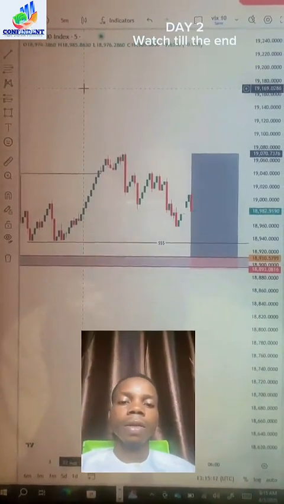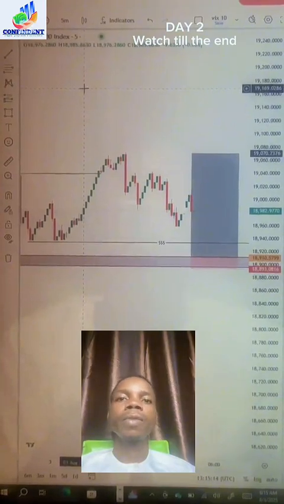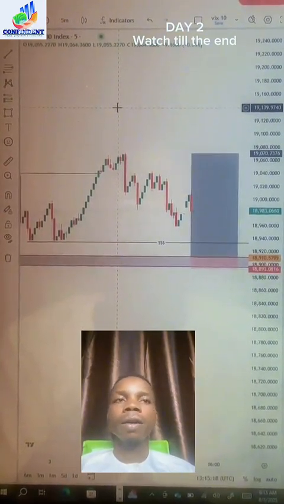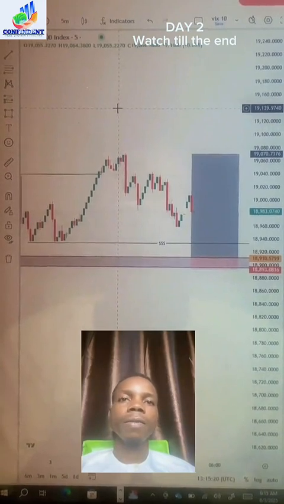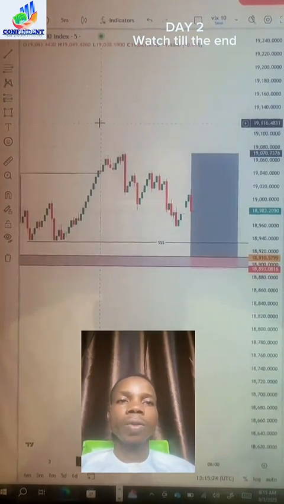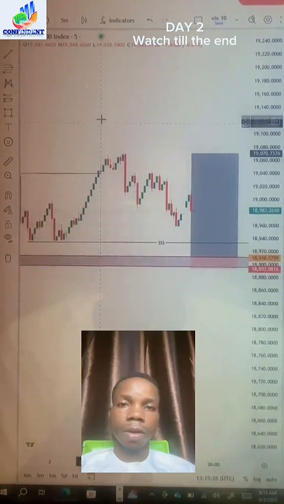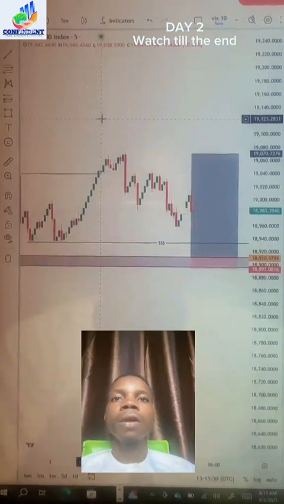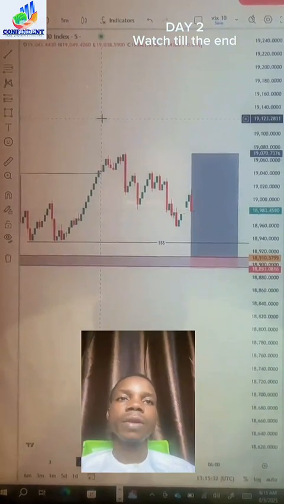Now, the candlestick pattern we are going to be talking about, without wasting our time, is what we call an engulfing bar. Let me quickly talk about the meaning of engulfing. Engulfing simply means when something is totally consumed by something. That's what we call engulfing.